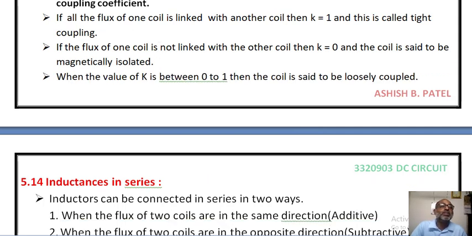If the total flux is linked with the coil, then we can take K is equal to 1, and it is called tight coupling. And if K is equal to 0, that means the two coils are not magnetically coupled, and we can say these two coils are magnetically isolated. When the coefficient of coupling K is between 0 and 1, these two coils are said to be loosely coupled.